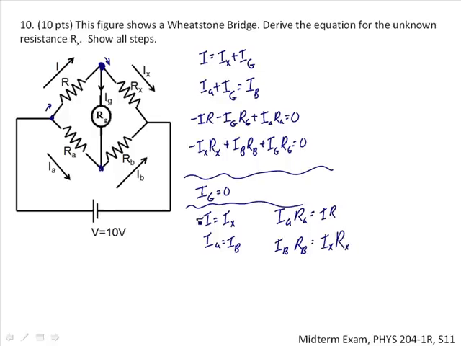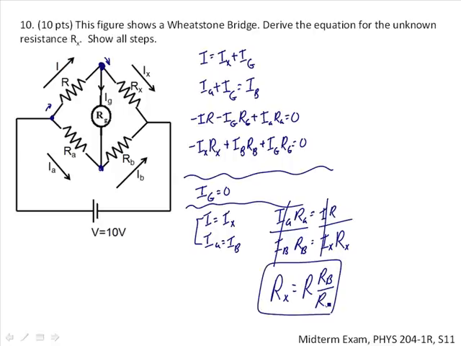And then since these currents are all equal, if I divide these two equations, the currents cancel, and I solve that for Rx is equal to R times RB over RA, and that's what I was looking for. But the main bulk of the credit came in these equations, and if you got those right, then I generally didn't count off a whole lot for the remaining.